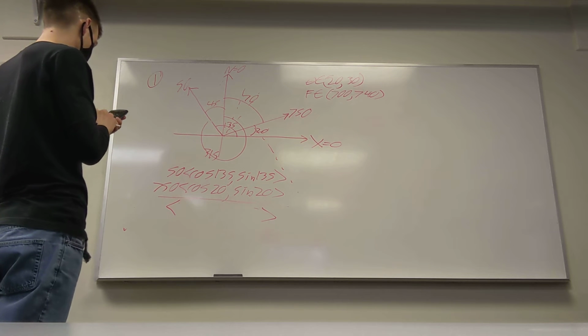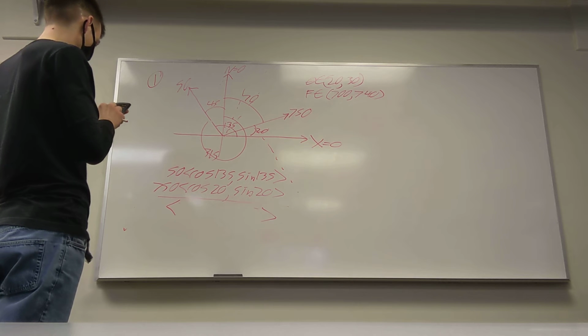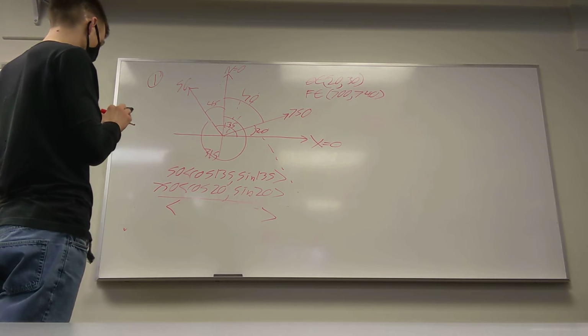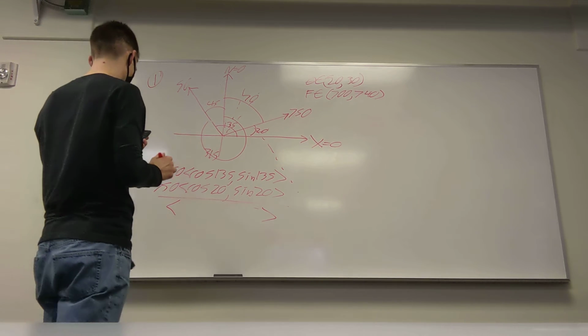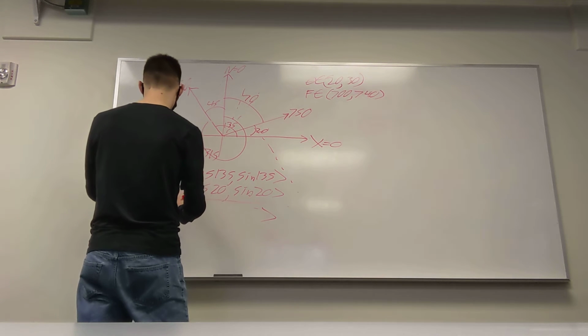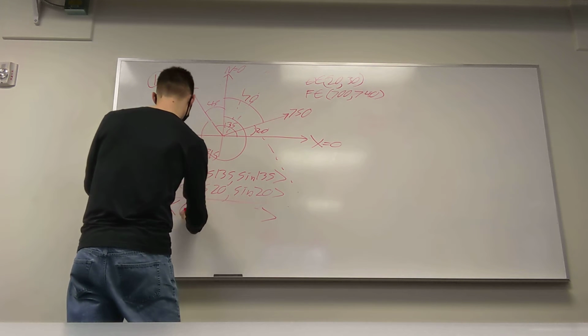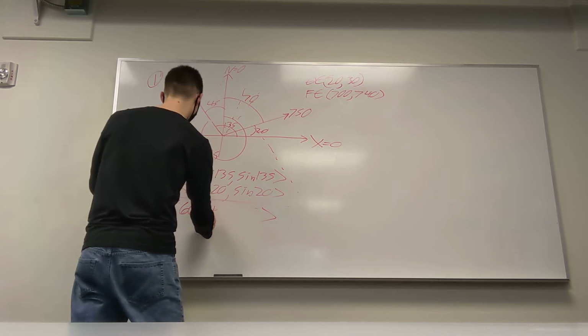So 50 cosine 135. I was very confused, by the way, maybe you could tell. 750 cosine 20. So that's going to be 669.4.